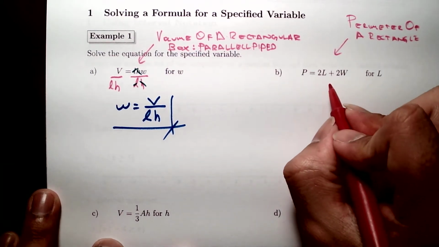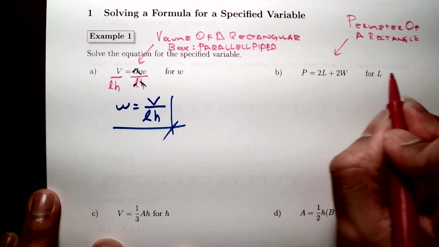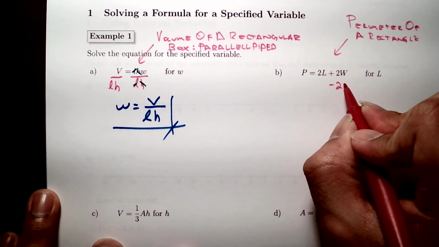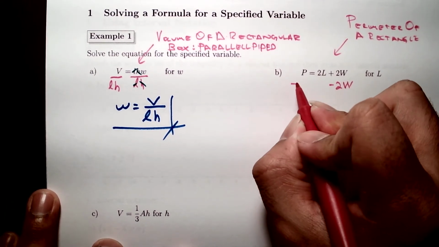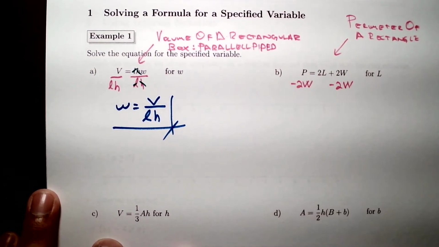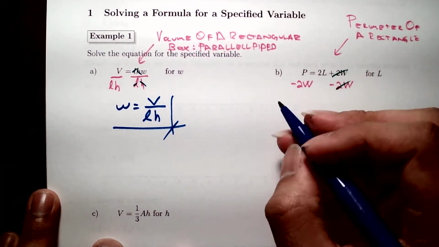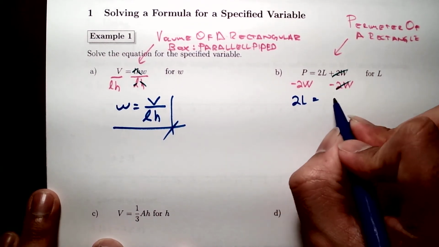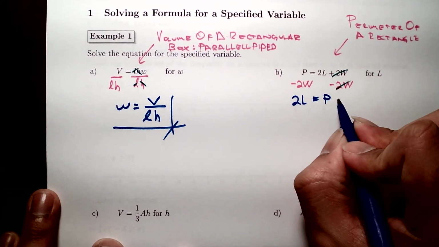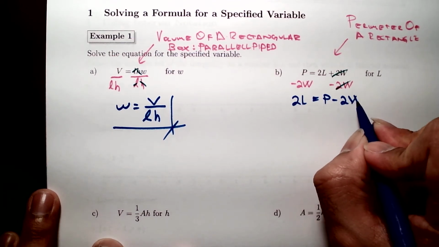So the first thing we do is we want to isolate the L. So we subtract 2W on both sides of the equation. That's going to leave us with 2L equals P minus 2W.